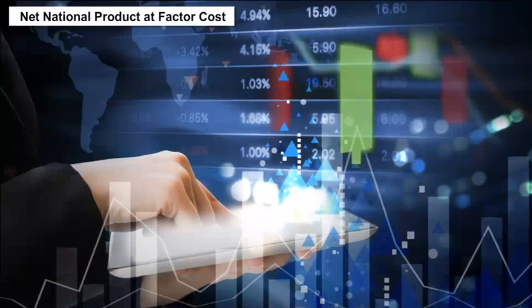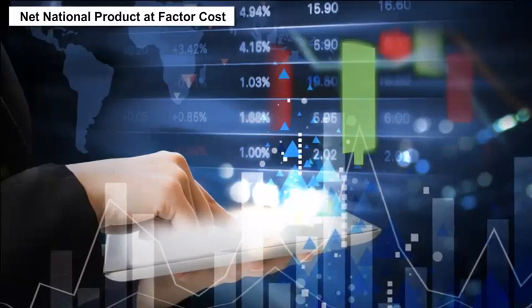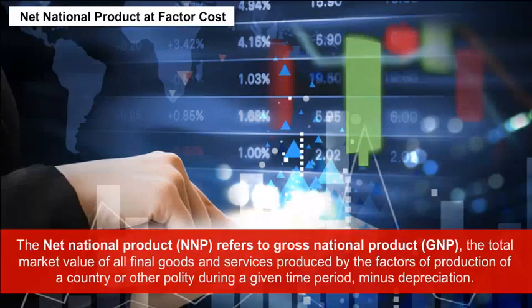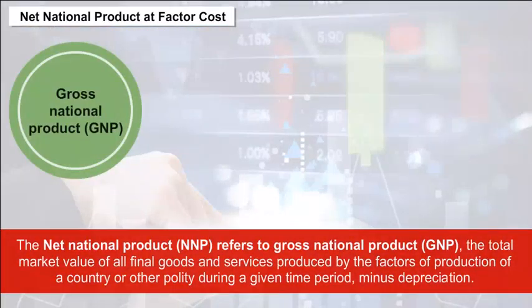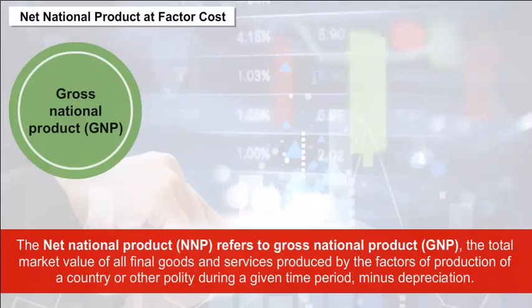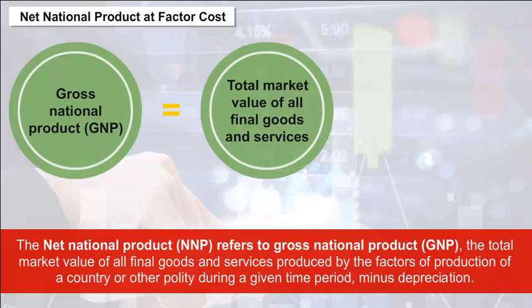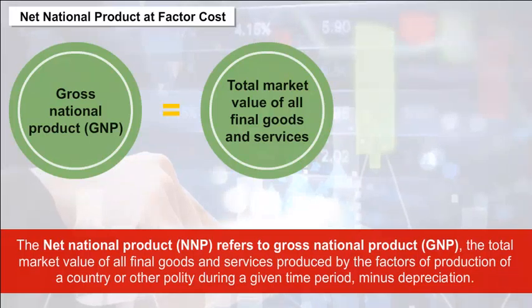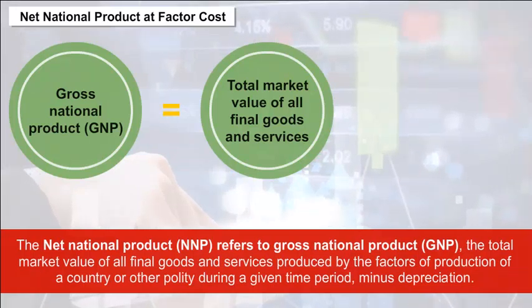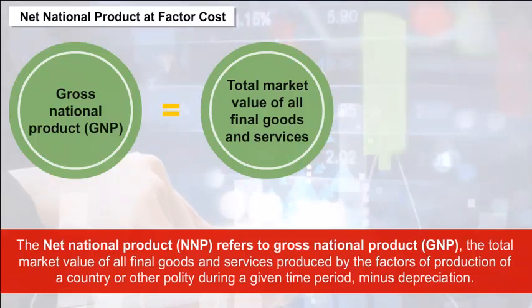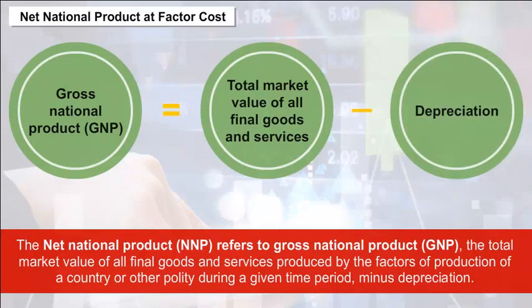Net national product at factor cost. The net national product, NNP, refers to gross national product, GNP, the total market value of all final goods and services produced by the factors of production of a country or other polity during a given time period minus depreciation.